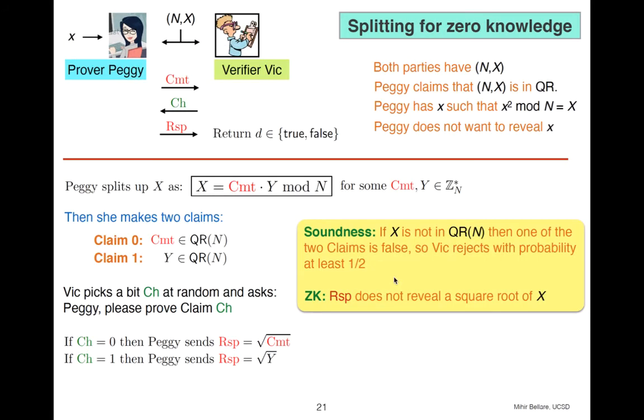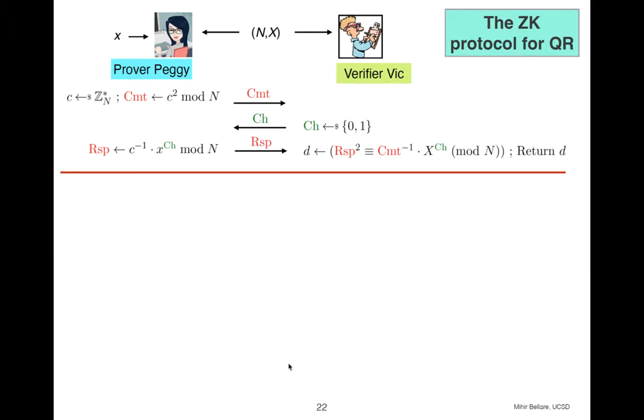But on the other hand, if the claim is true, we see that no information about little x is revealed because effectively both these components are independent of big X taken individually. And it's a little paradoxical that something like that is possible, but we'll see how that works out.